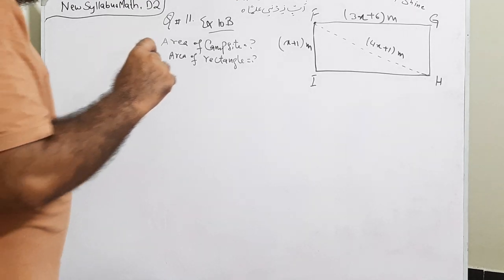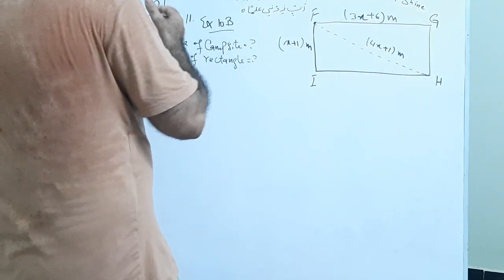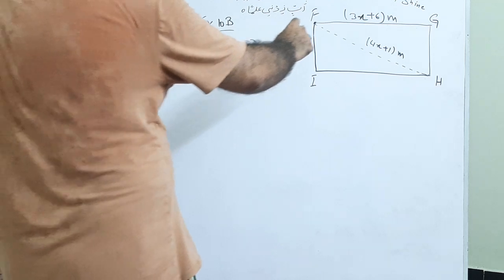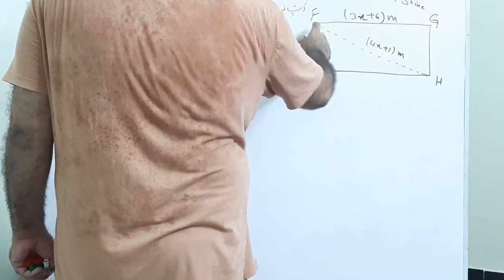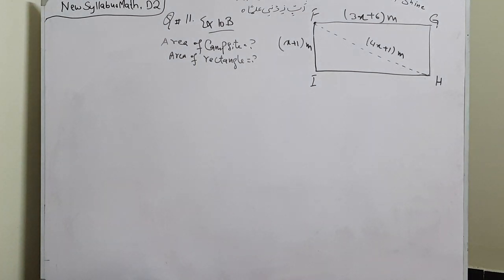You know that this is a rectangle, so its area is length into breadth. This multiplied by this will be the area. So why do we say that there are two steps involved?